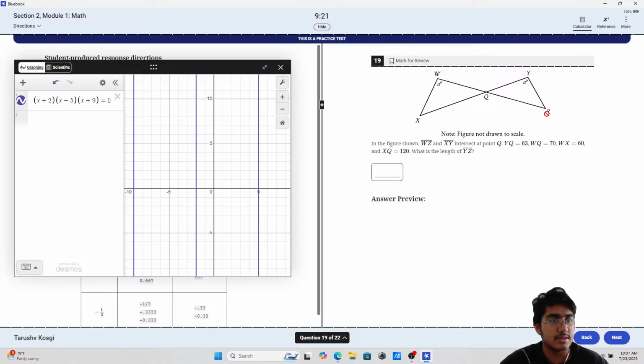Select the YZ. YQ is 63. WQ is 70. WX is 60. XQ is 120.